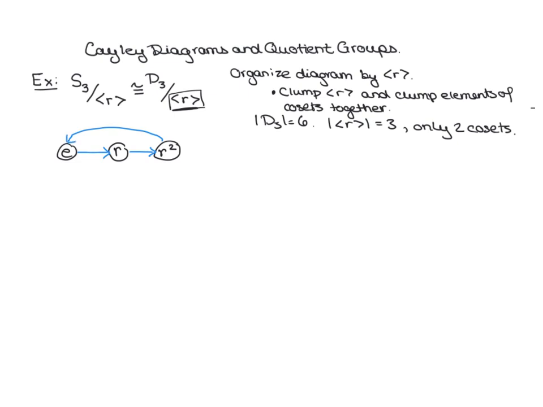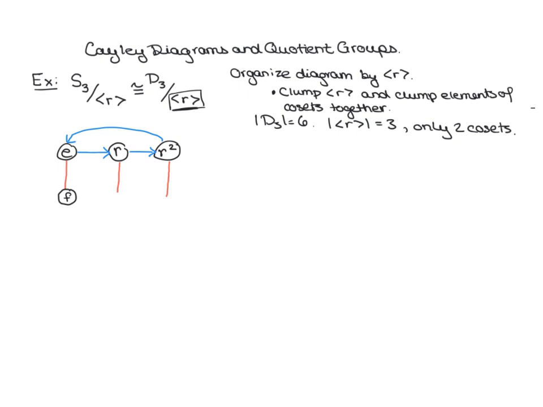Okay, and this is for dealing with the dihedral group. I think another obvious generator is going to be the flip F. We'll let the red one be the flip, and this will lead us to a different coset.